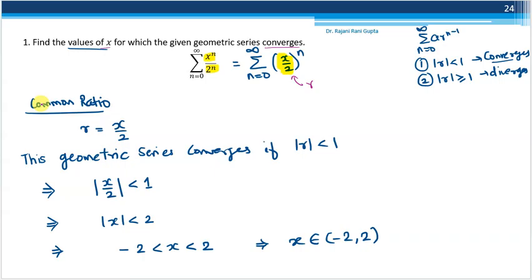Can you tell me here, like what is the radius of convergence? Yes, you can rewrite this equation as mod of x minus 0 less than 2. So this 2 is the radius of convergence and the series is centered at x equal to 0. Okay, this is additional information.